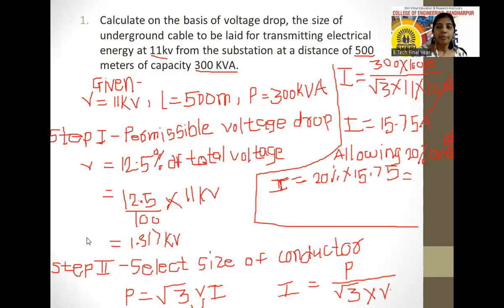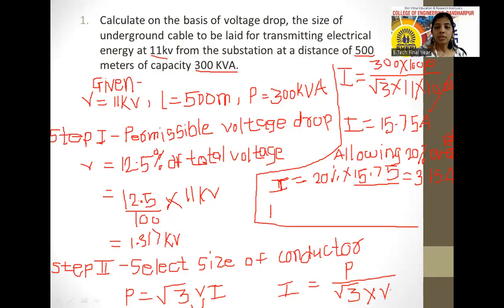Okay, 3.15 ampere is nothing but the 20% current. This is 20% of this whole current.